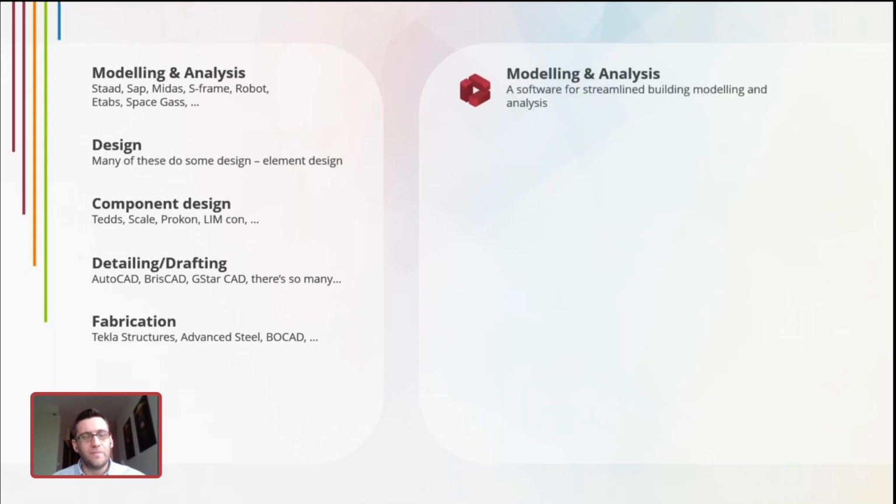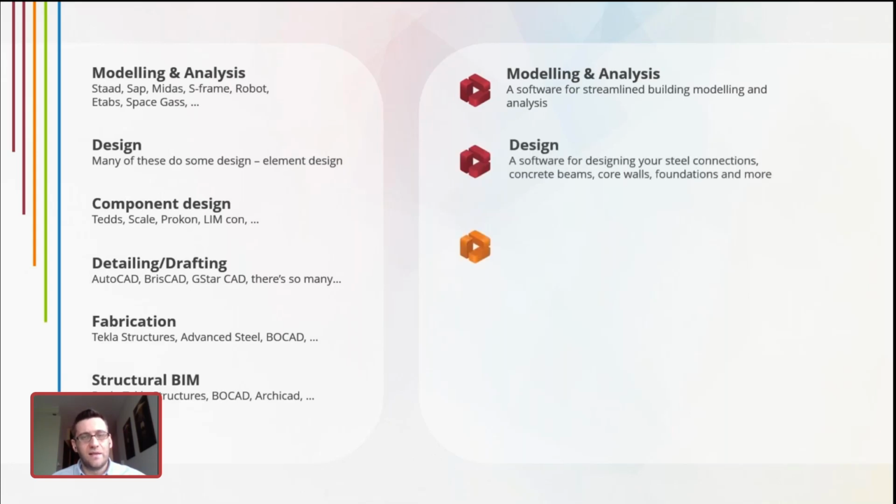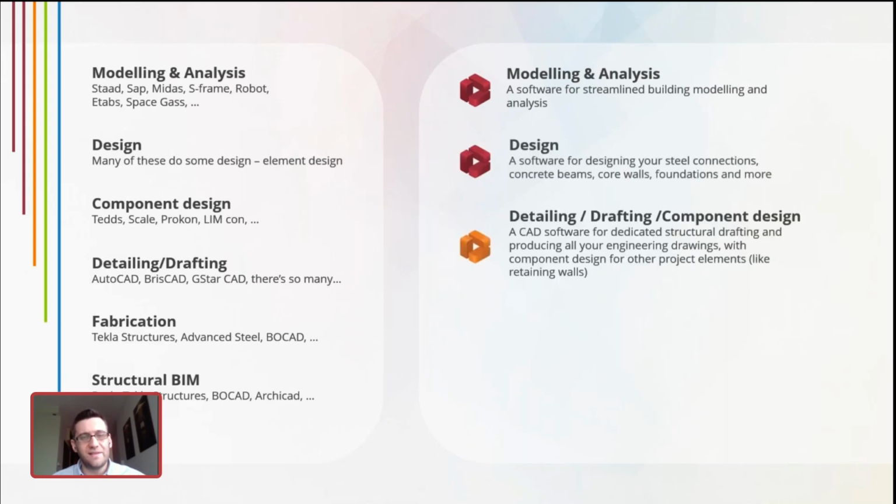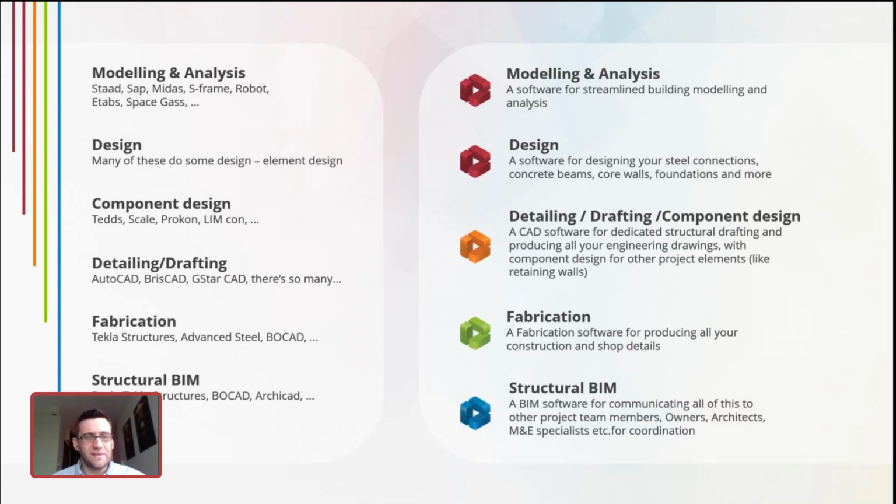But with ProtaStructure, you can model, analyze, design, detail elements, and you can obtain the fabrication details of steel elements as well. This is our core advantage, being an all-in-one software that you can use for each of these steps.